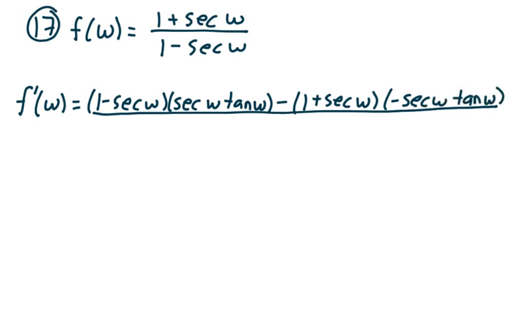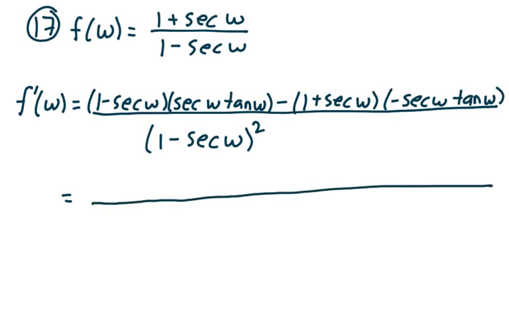And I'm going to divide by 1 minus secant w raised to the second. Now, a negative times a negative is a positive, okay? The denominator doesn't change. It's still 1 minus secant w squared.